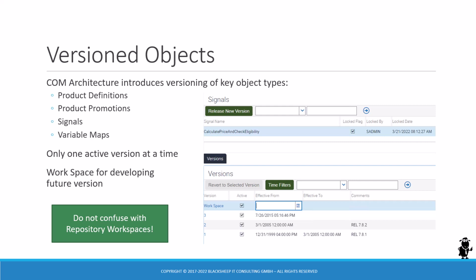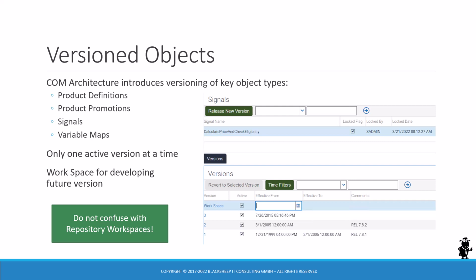So the principle here is that you can only have one active version at a time, and you have a workspace version for developing the future version, which you then release with an effective date or just release right now. Do not confuse the workspace in this versioning with the repository workspace that we have had since IP17. It has absolutely nothing to do with it.